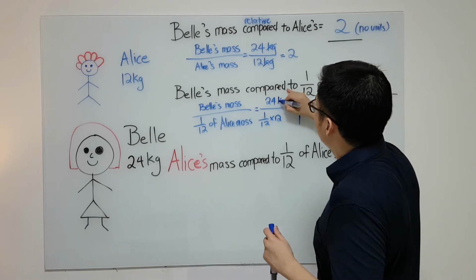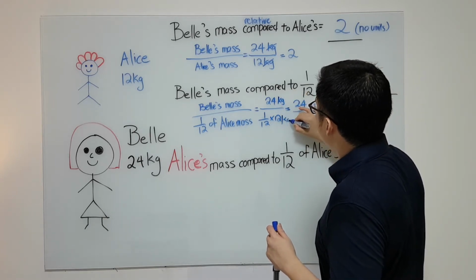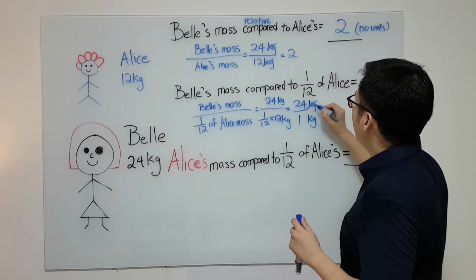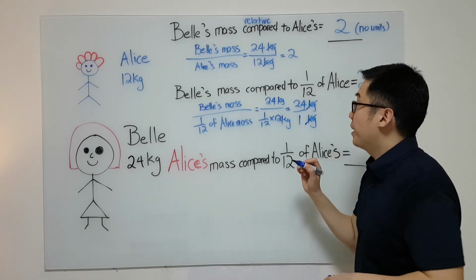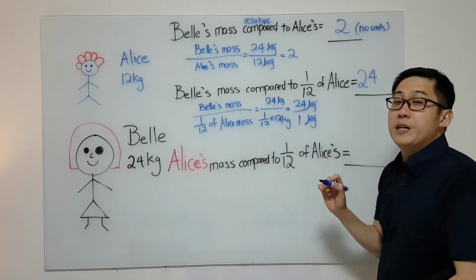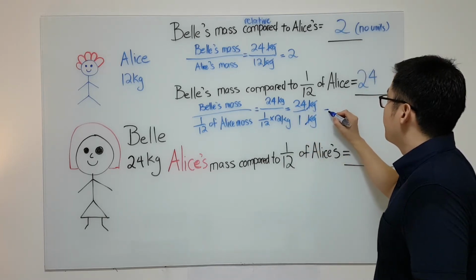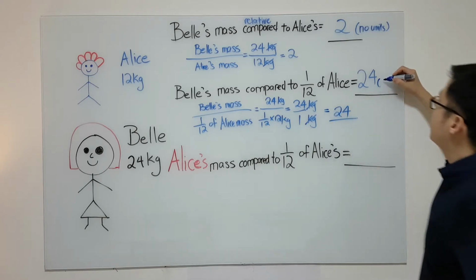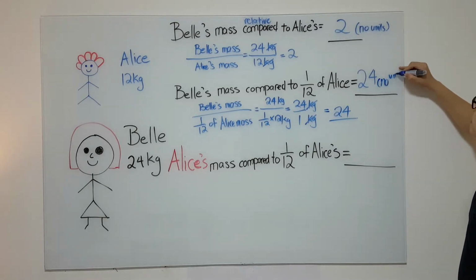Now, students, the units in this case here cancel out. Okay, so as a result of this, it has no units. So this answer becomes 24. Again, there is no units.